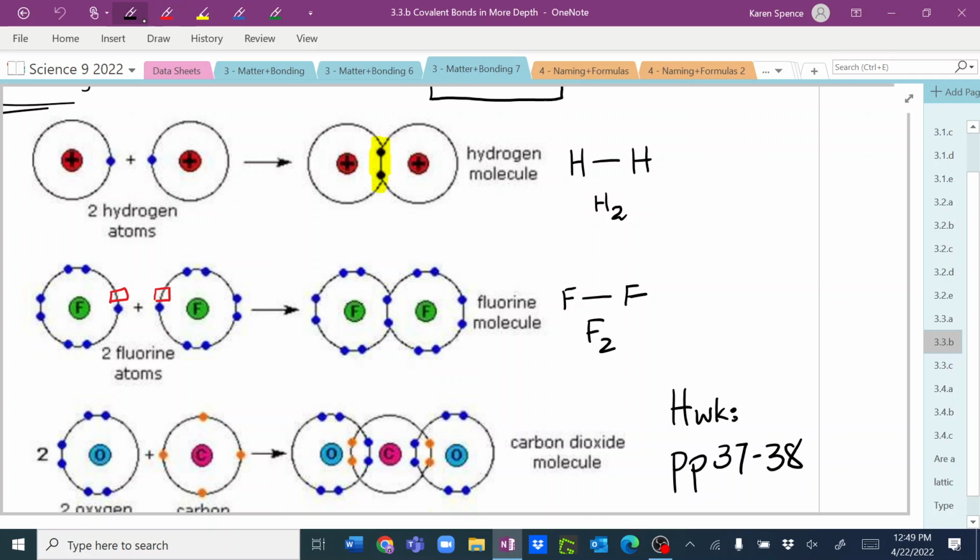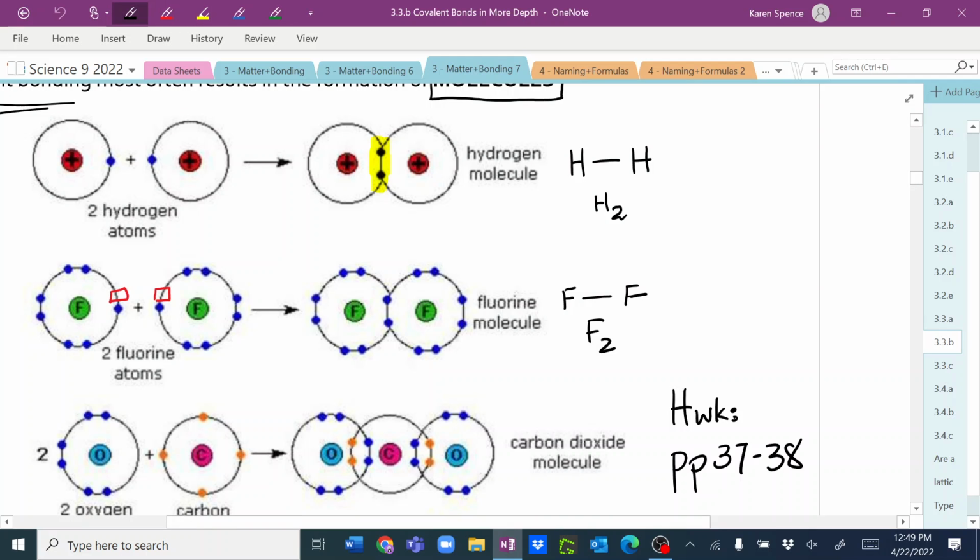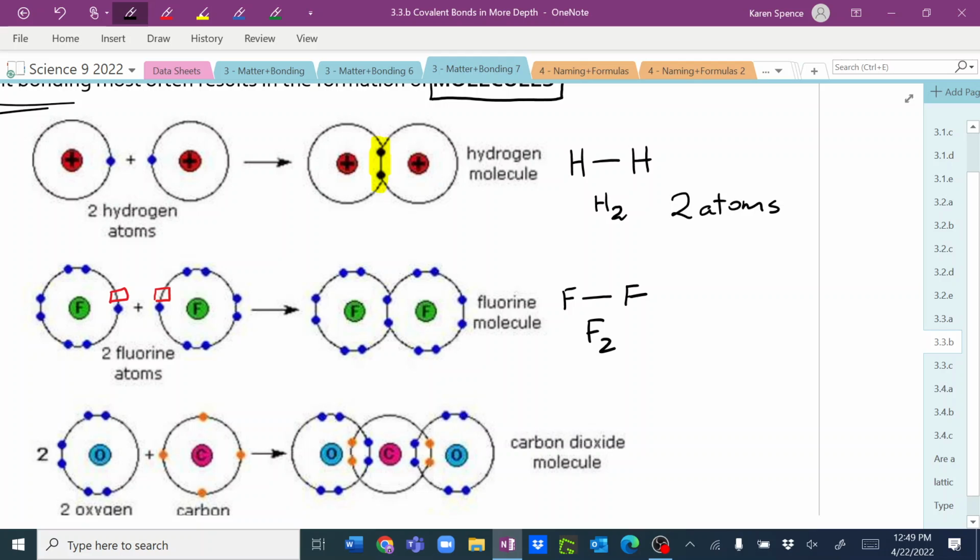Hydrogen is made of 2 atoms. Yes, 2 hydrogen atoms make that molecule. Do you know what word we use to show that hydrogen is made of 2 atoms?